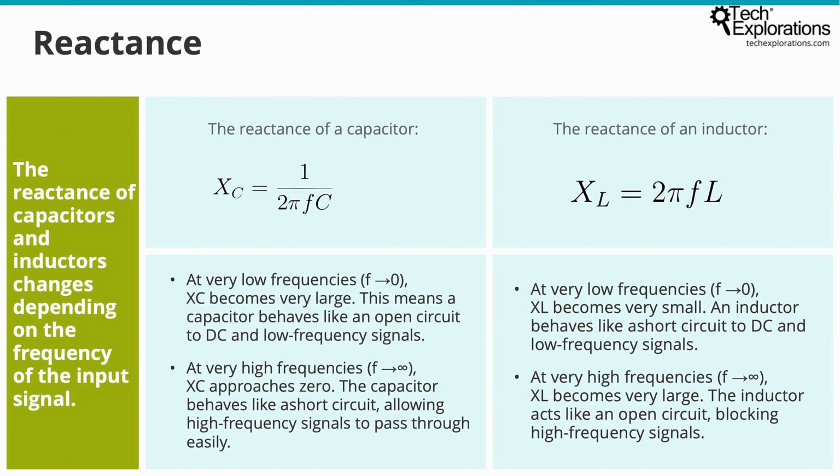Let's have a look at the reactance of an inductor now. So the reactance of an inductor is given by X_L equals 2 times pi times f times L. At very low frequencies, when f approaches 0, X_L becomes very small. An inductor then behaves like a short circuit to DC and low frequency signals.